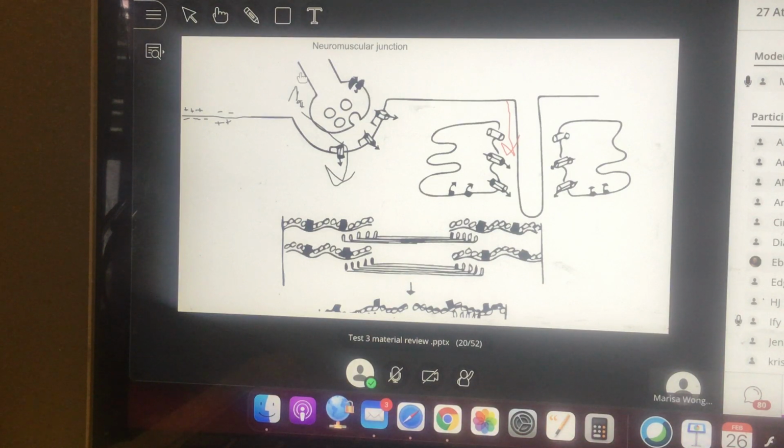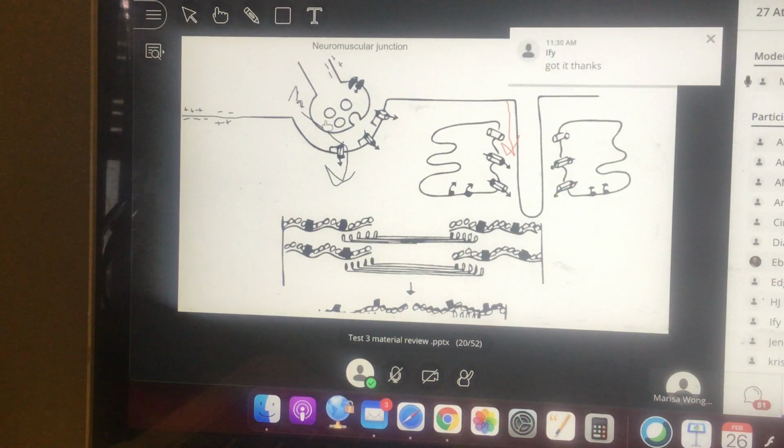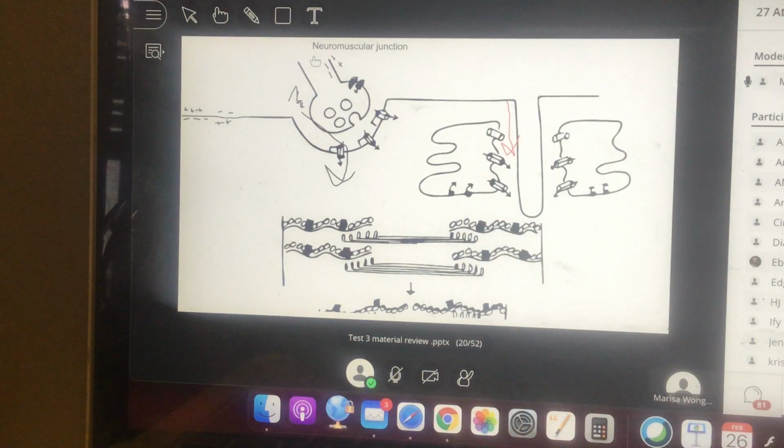This is also a cell. It's a weird shape, but this axon is a neuron, which is a type of cell. So this exact same differential is in this cell too. We've got a slight negative charge inside and a slight positive charge outside. So I know it looks strange, but it is a cell too. And so that's why we're able to have this action potential traveling down this membrane as well. Okay. Thank you.